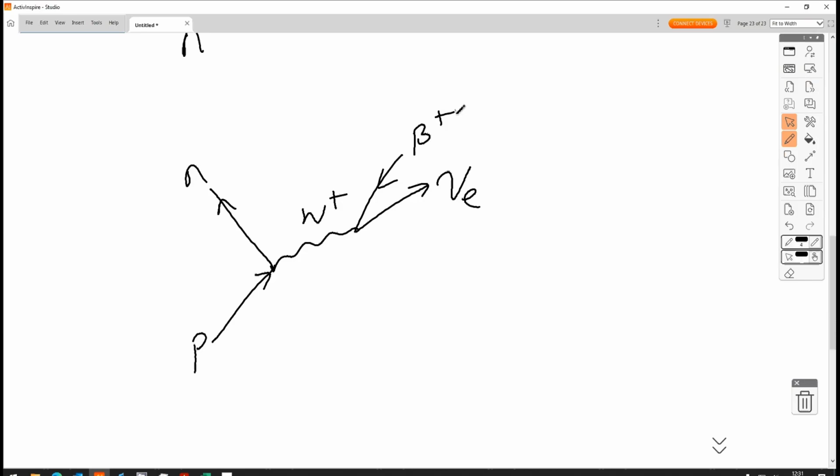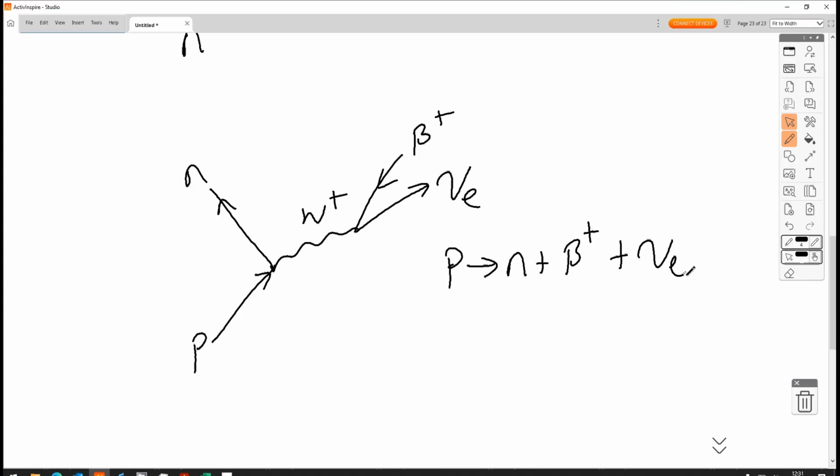Now, in this case, you can see that the gauge boson is slanted. And it's slanted because it doesn't decay immediately, it evolves in time. So it takes some time for it to move away, and then it decays. Now I'll do the equation for this as well. So we've got proton turns into a neutron plus beta plus plus an electron type neutrino.